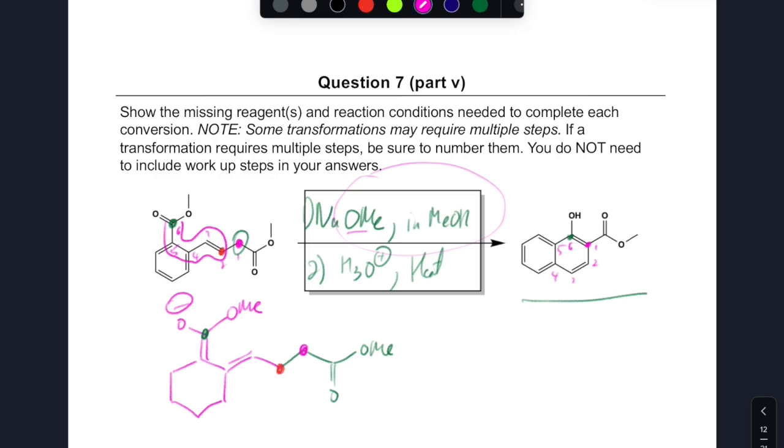So under these conditions, it's possible to actually do an addition of a molecule of methanol or methoxide, and what you've done is effectively turn this into a single bond, just temporarily. Now, the molecule can't proceed forward from this one. What you get is a nucleophilic addition, which gets you this enolate structure.